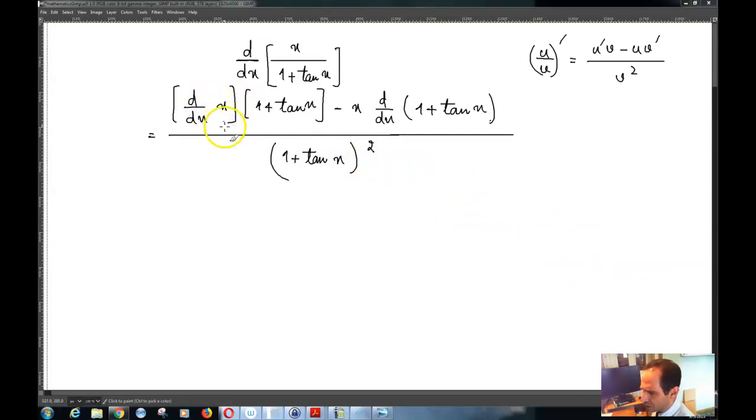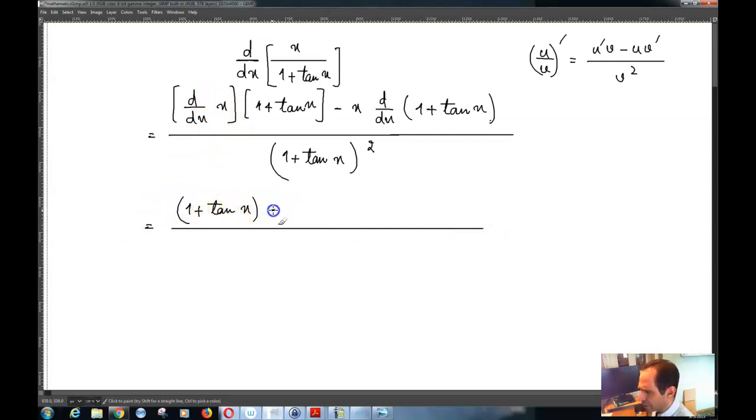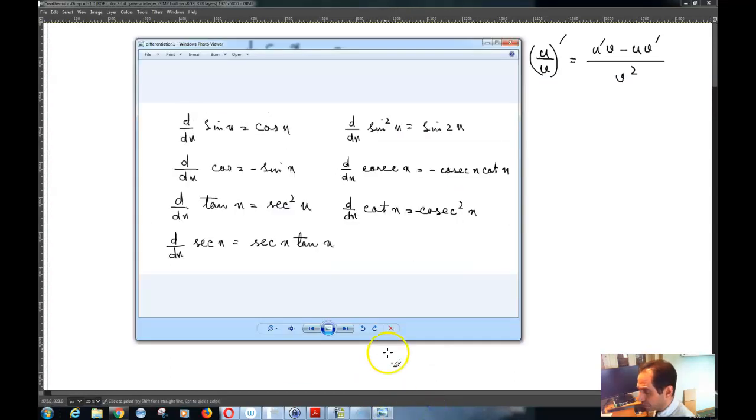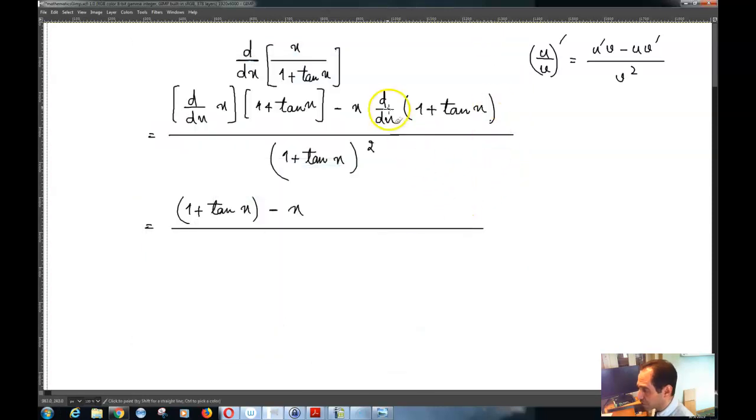So d by dx of x is equal to 1. So that's basically 1 plus tan x, and that is x times d by dx of 1 is equal to 0. d by dx of tan x is equal to secant squared x. So that's secant squared, 0 plus secant squared x, over 1 plus tan x whole squared.